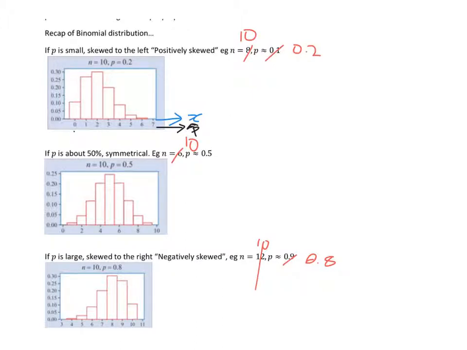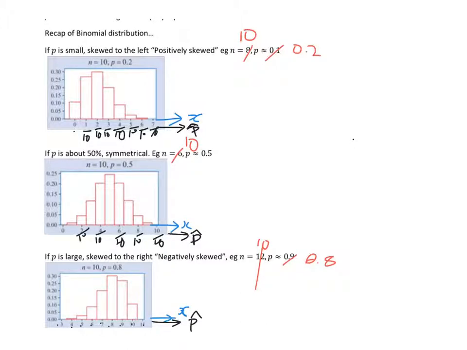So 0 stays the same, 1 divided by 10 is the new p hat, 2 divided by 10 is the new p hat, etc. And as a little shortcut, I'm just going to put little dots in because 0.4 is the same as 4 tenths. Obviously 1.0 is 10 divided by 10, and 1.1 is 11 divided by 10.